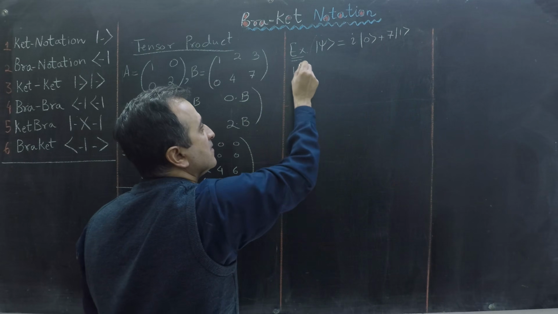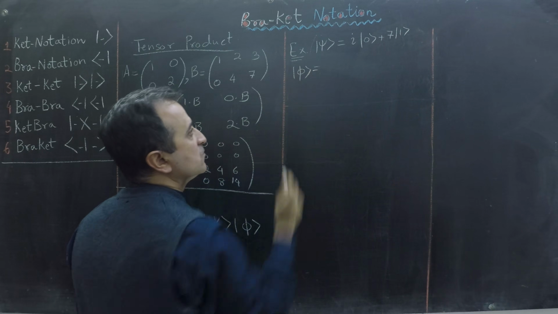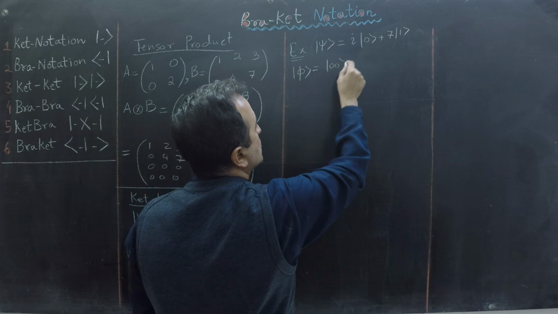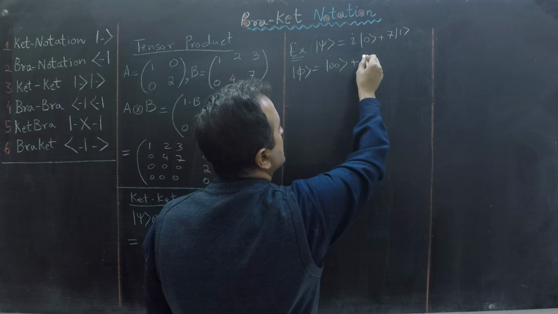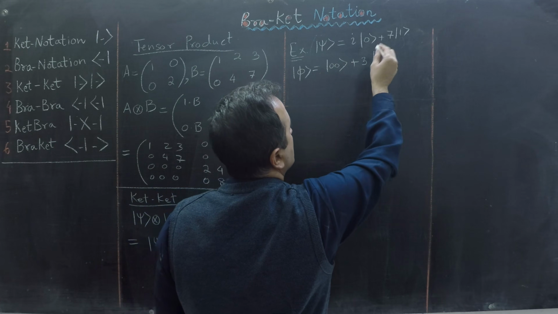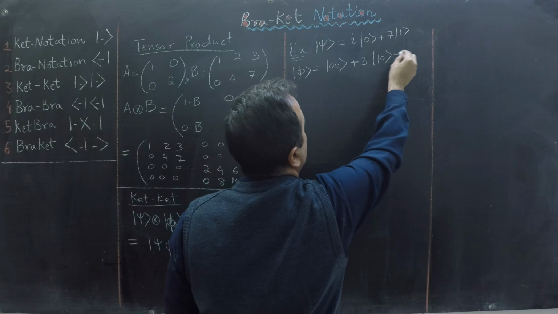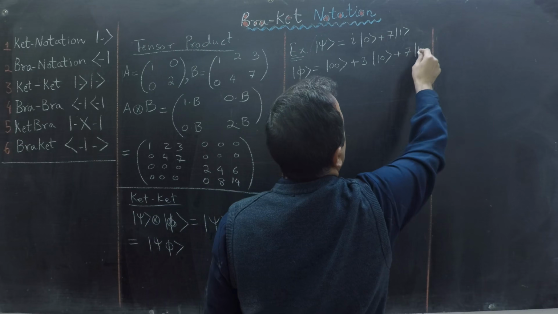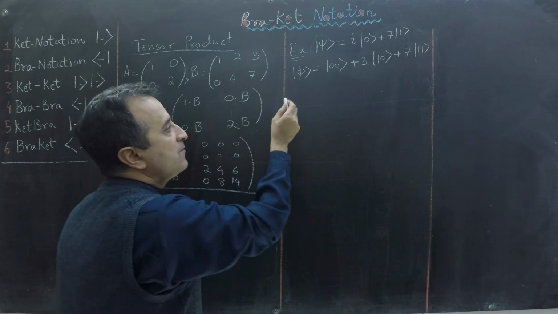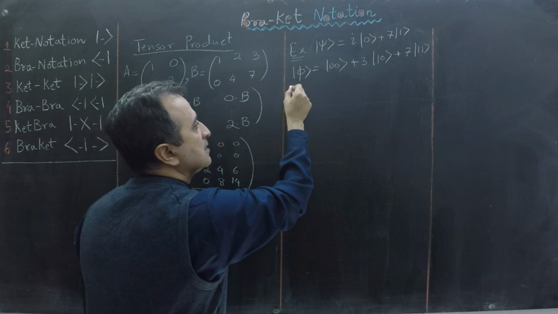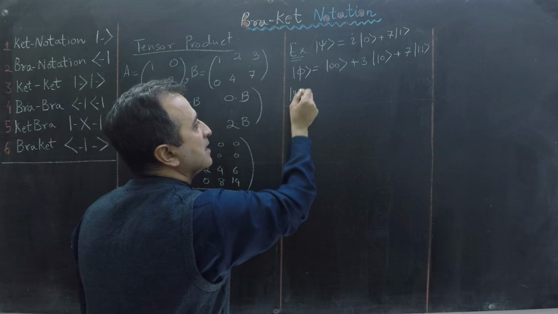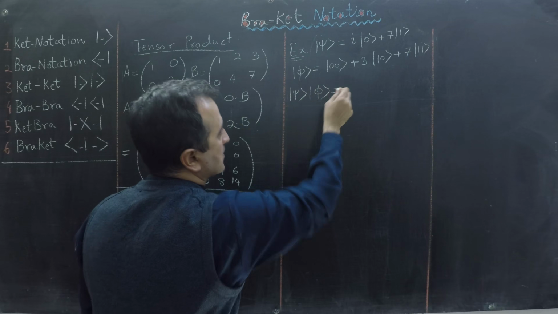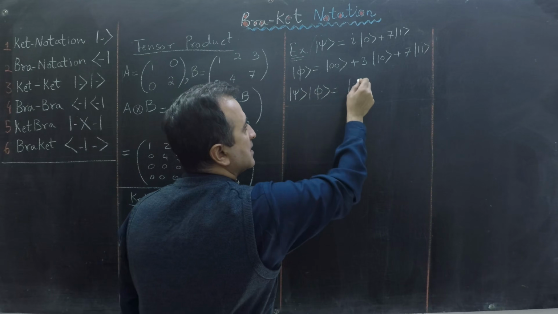My ket phi is equal to ket 00 plus 3 ket 10 plus 7 ket 11. I have to compute the ket psi tensor product with ket phi. Once again, I can write it as ket.